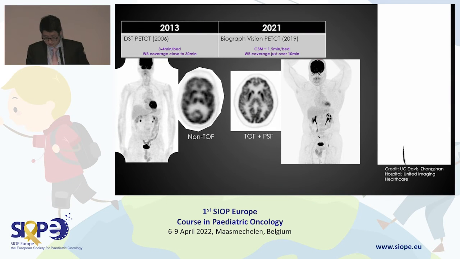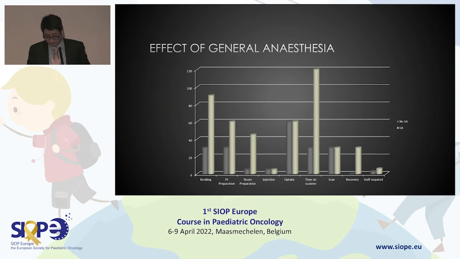Okay, moving on. If you need to use general anesthesia, this comes from one of our own local service evaluations. Everything else being equal, the uptake time is the same. In the middle, the scan time is the same, but the time on the scanner, simply for needing your anesthetic team to set things up, shoots up dramatically.